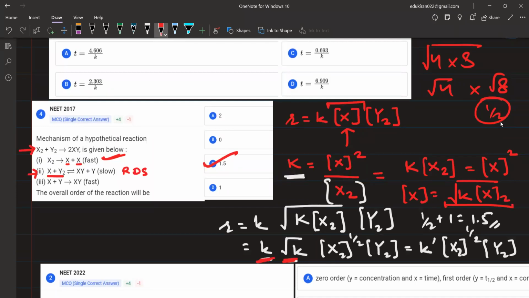I have written K into X2 to the power of half into Y2. Now K is also a constant and this is also a constant, है ना? एक equilibrium constant और एक rate constant. So both of these constants will give you another constant multiplied by X2 to the power of half and into Y2. So the order with respect to X2 is equal to 0.5 and order with respect to Y2 is equal to 1. So when you add them, you will get 1.5.